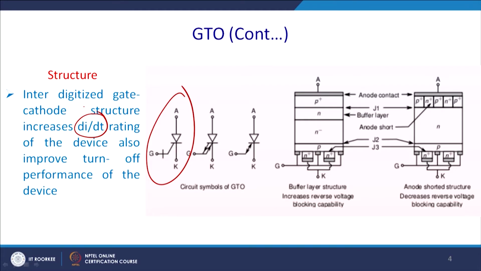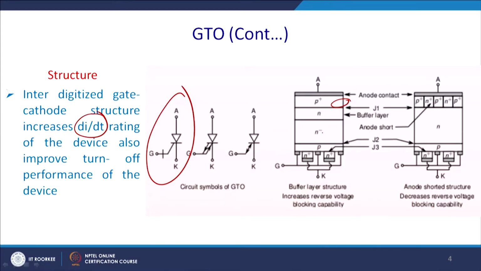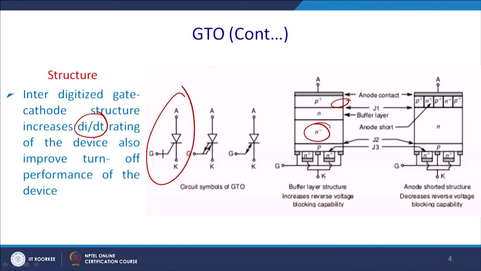So, essentially you have this anode, this is junction J1, same as the thyristor. Thereafter you have a buffer layer, thereafter an N junction, thereafter a P junction. This buffer layer is there to sustain high forward blocking voltage. Thereafter you have a P junction followed by the gate and cathode.